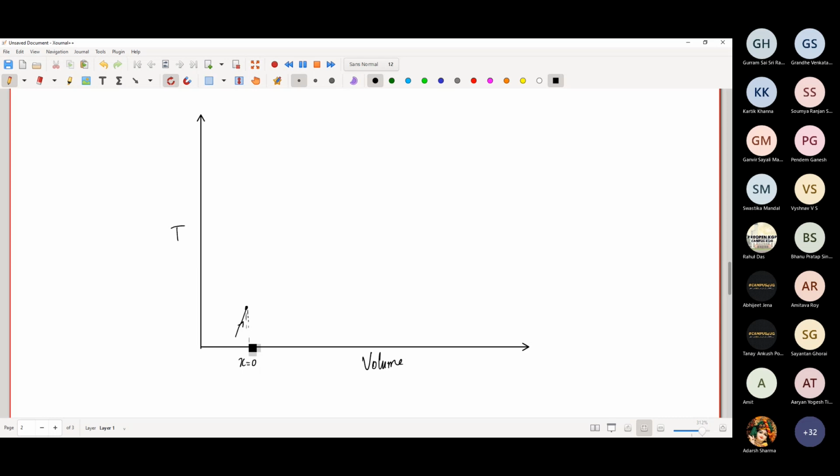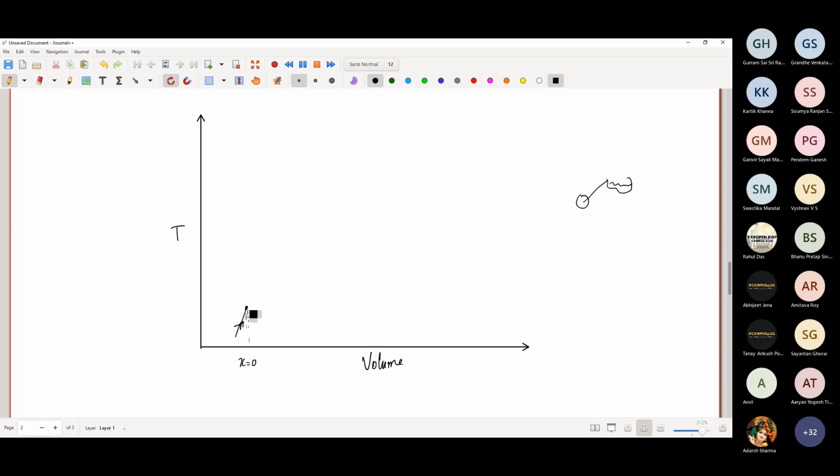Now you're still heating it. So now what will happen? When ice became liquid, now you're adding heat. What will happen?